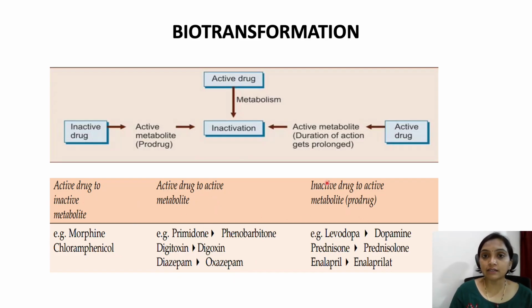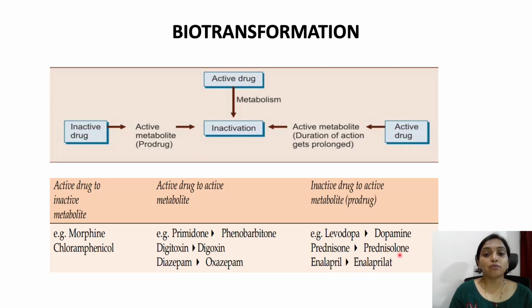Also, an inactive drug, which is a prodrug, will be converted into an active metabolite. This inactive drug or prodrug does not have any action. Only after its conversion into its active metabolite will it produce the desired pharmacological action. A very important example is levodopa, which is converted into dopamine.